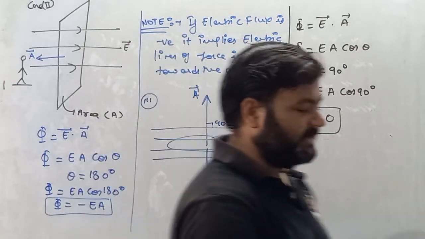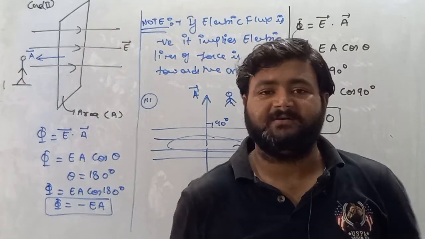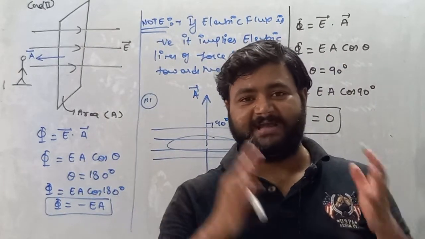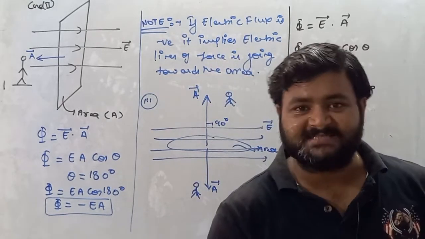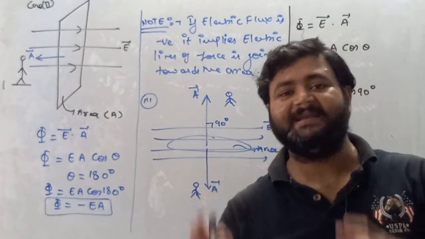Now see my dear student, if flux comes to be 0, it implies no electric field lines are passing through this given area.